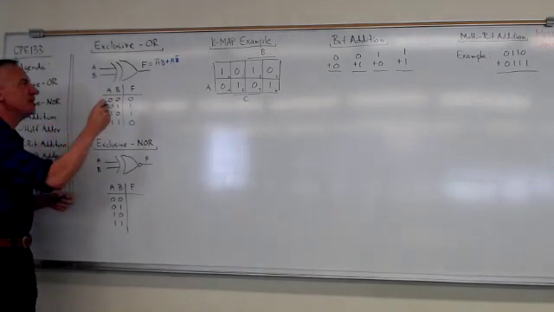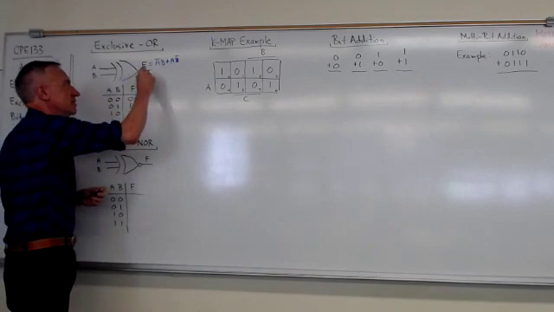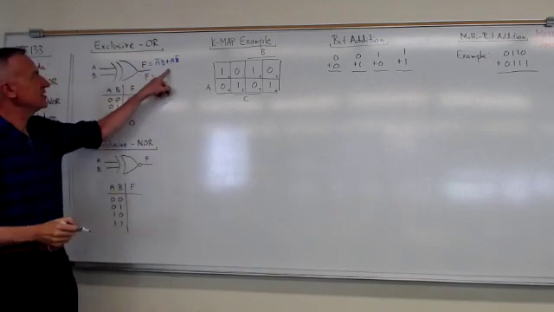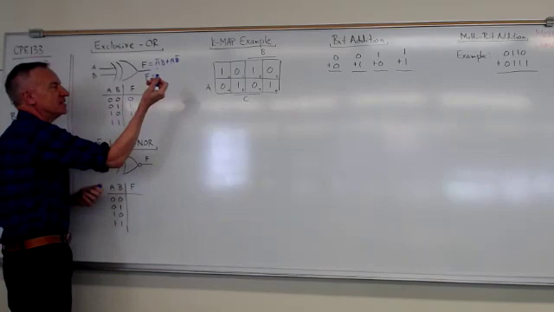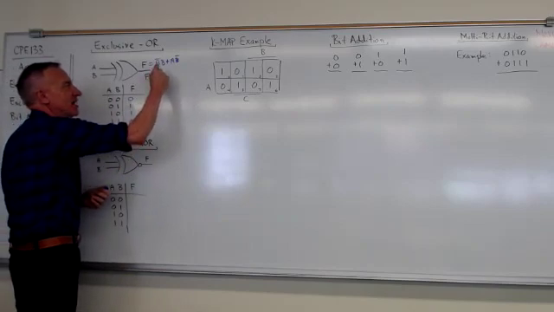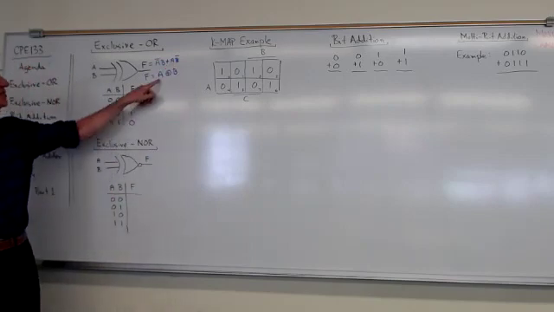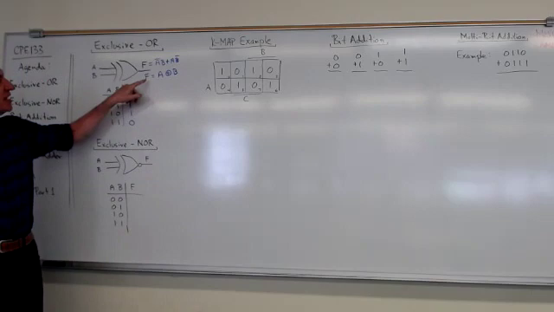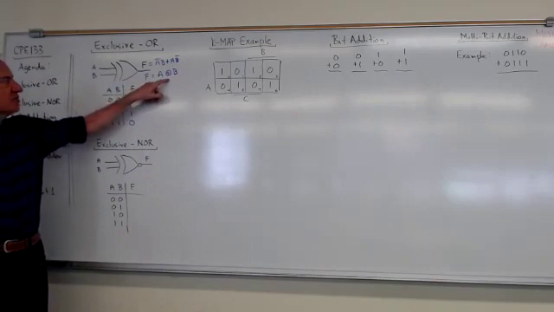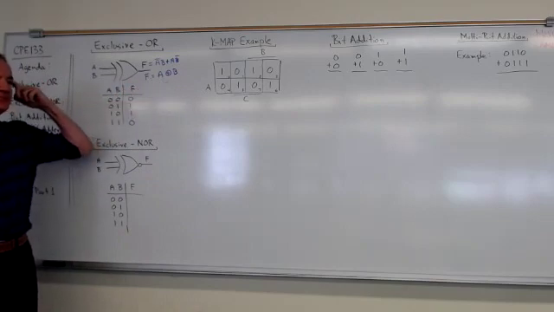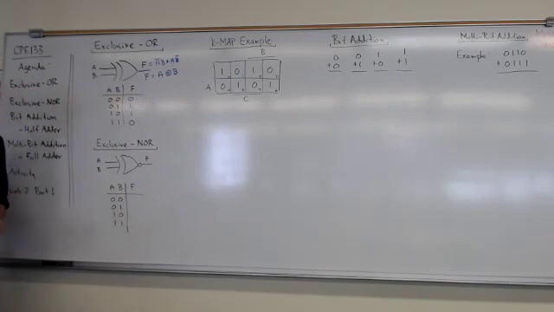But there's also a shorthand way to write this. So instead of writing what you see here, if you write this, it means the same thing. If you write A and then a plus with a circle around it, this means that F equals A exclusive OR with B.